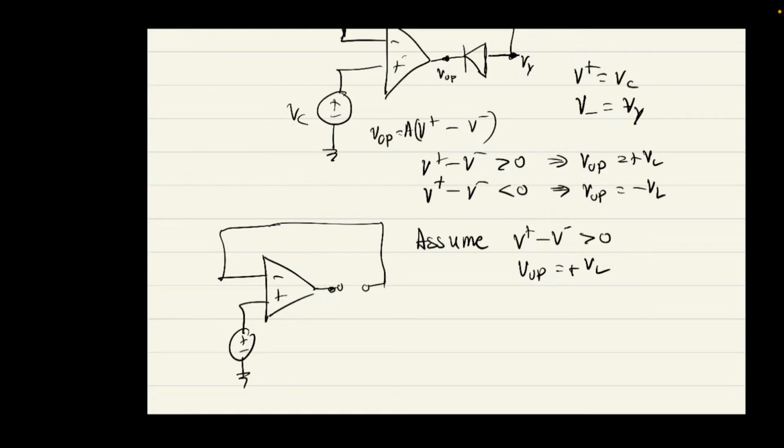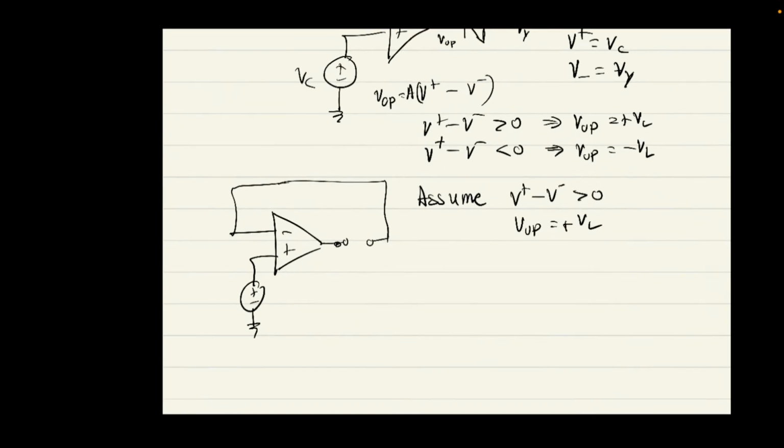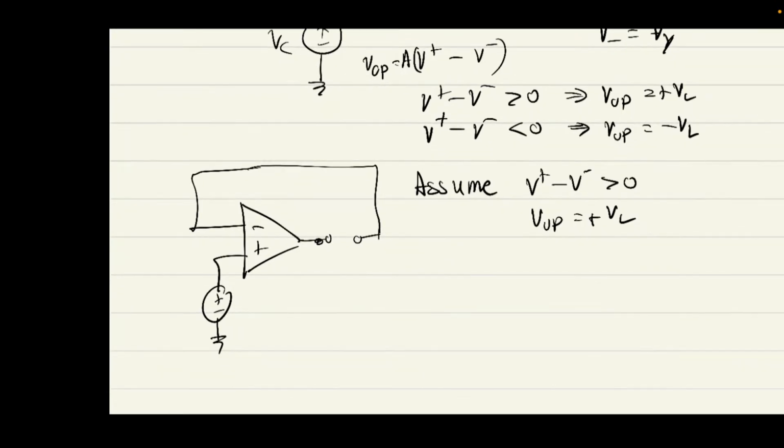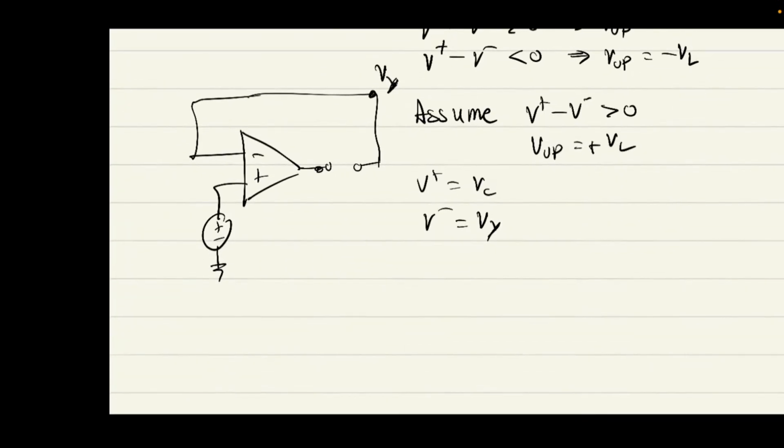There's no current flowing through it. You can treat it like an open circuit. Then we can say that V plus is VC and V minus is Vy. There's nothing to say that V minus should not be Vy. So we can substitute into our constraints, and we see that VC is greater than Vy. Or in other words, Vy is smaller than VC.